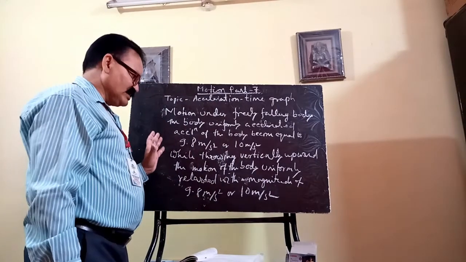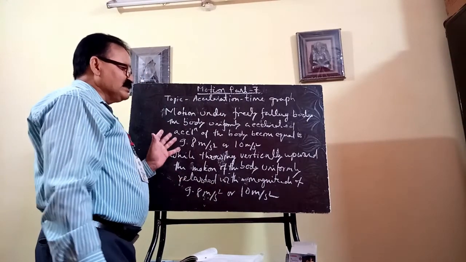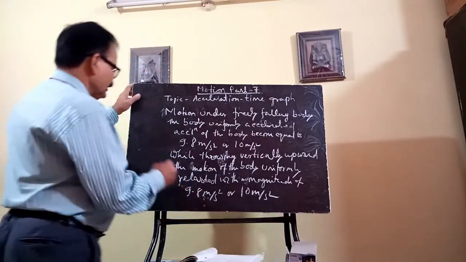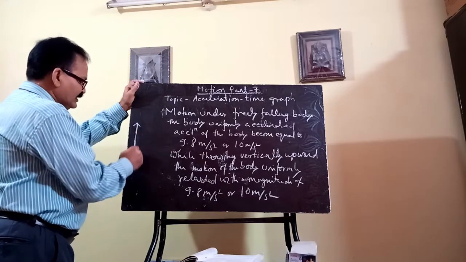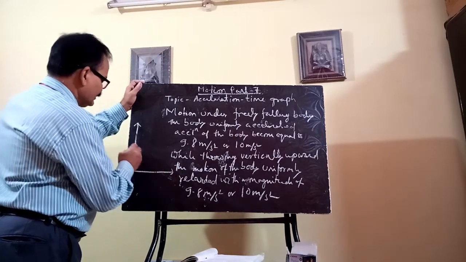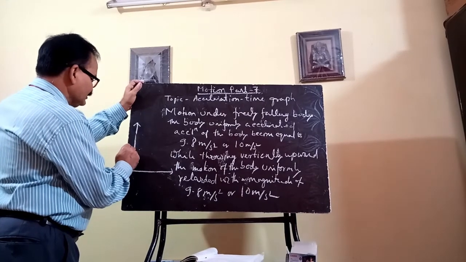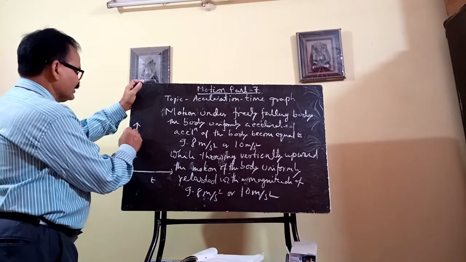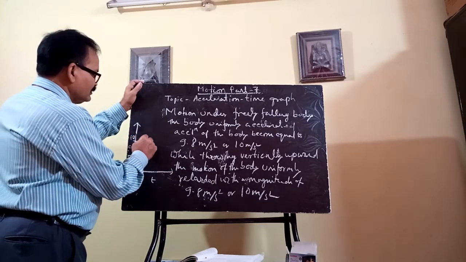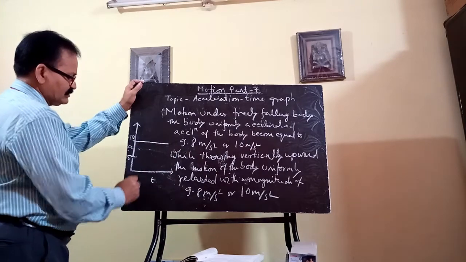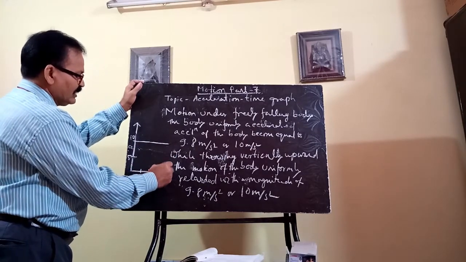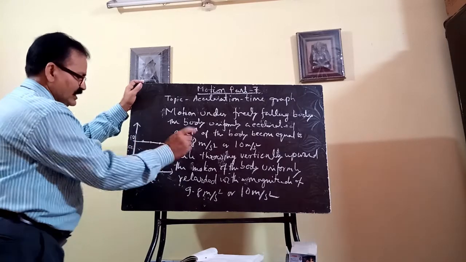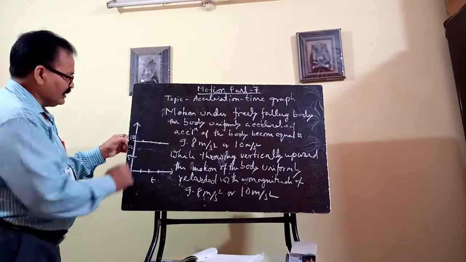Okay, you got it? So now the acceleration time graph for a freely falling body. Here this is your acceleration and this is your time. Suppose this is 5, this is your 10. Then this will be parallel to your time axis as time is increasing, because acceleration remains constant at 10 meter per second square.